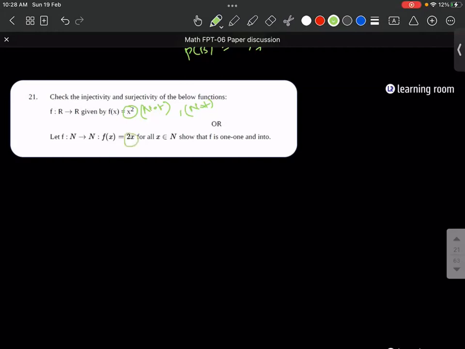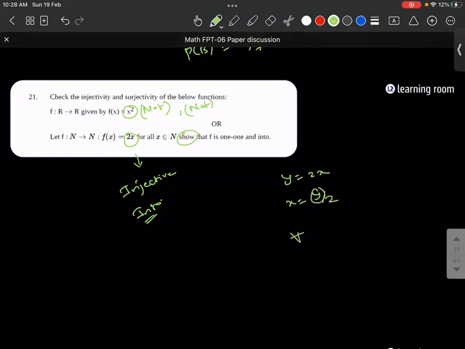What about this one? It is injective, but it is not onto, rather it is into. So they asked us to prove it is not onto, rather it is into. Why is it so? Because when you write y is equal to 2x, you will write x is equal to y by 2.